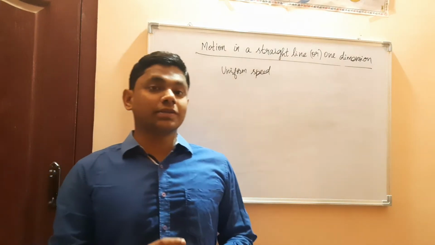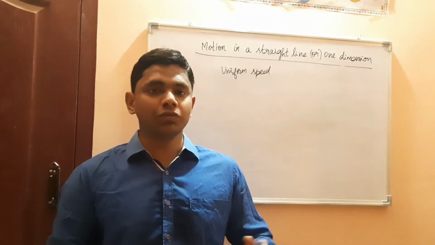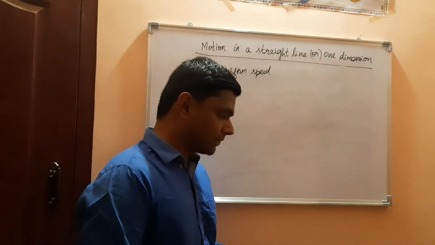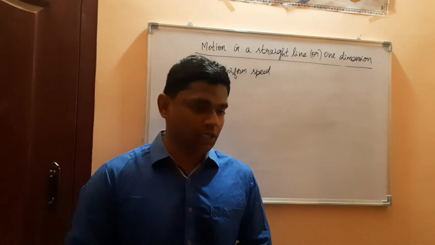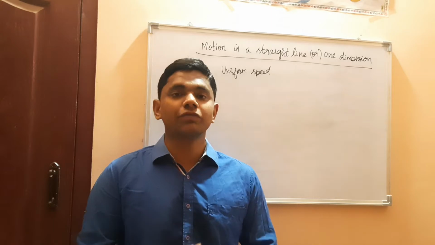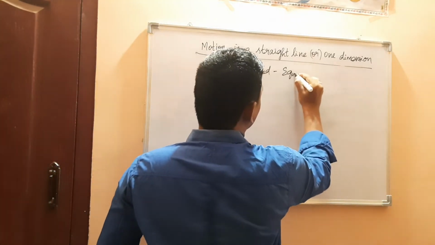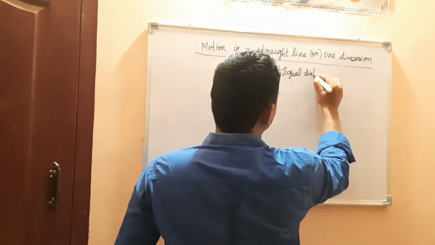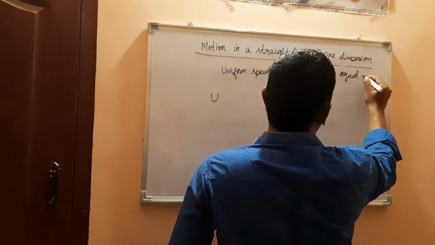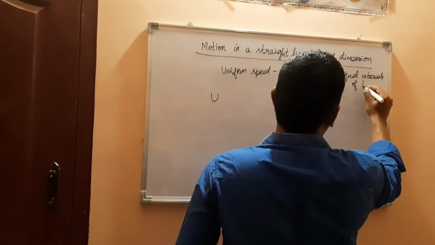If the object covers unequal distances in equal intervals of time, then it is said to be moving with non-uniform speed. Similarly, if the object covers equal displacements in equal intervals of time, then it is called uniform velocity.